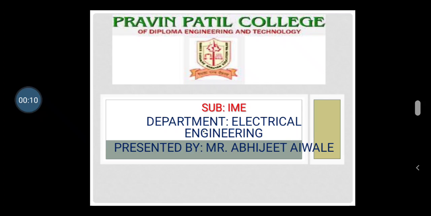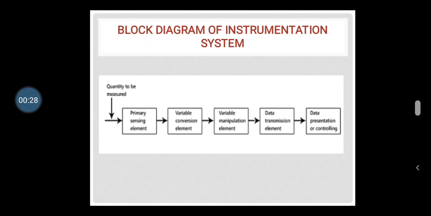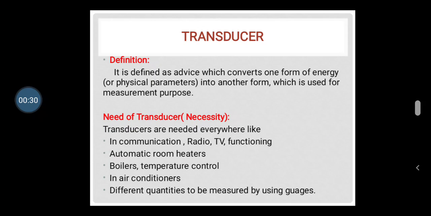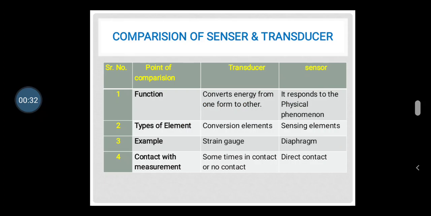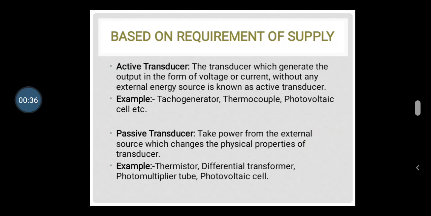In this video, we are going to study the remaining part of chapter number one of the subject Industrial Measurement, IME, subject code 22420. In the last lecture, we had studied the block diagram of an instrumentation system, transducer, need of transducer, comparison between sensor and transducer, as well as classification of transducer based on requirement of the supply.